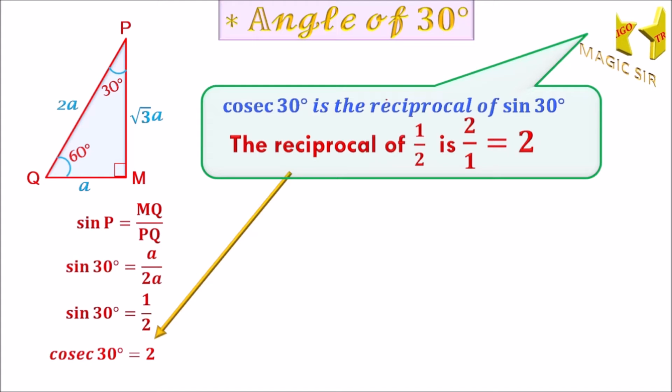And the reciprocal of 1 upon 2 is 2 upon 1, which is equal to 2. So we have sin 30 is equal to 1 upon 2 and cosec 30 is equal to 2.